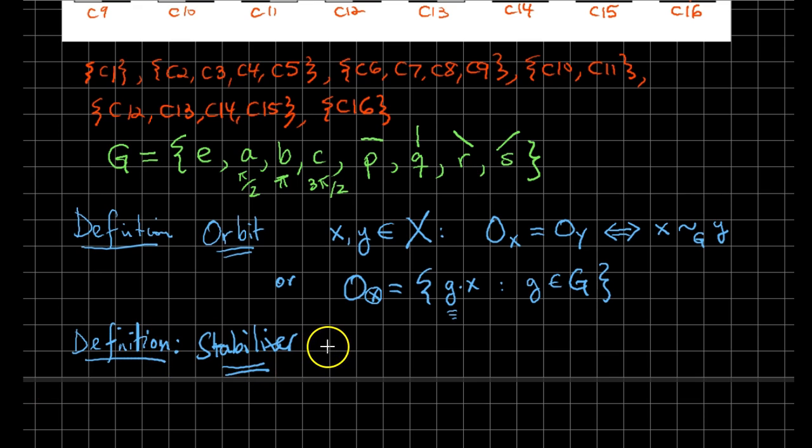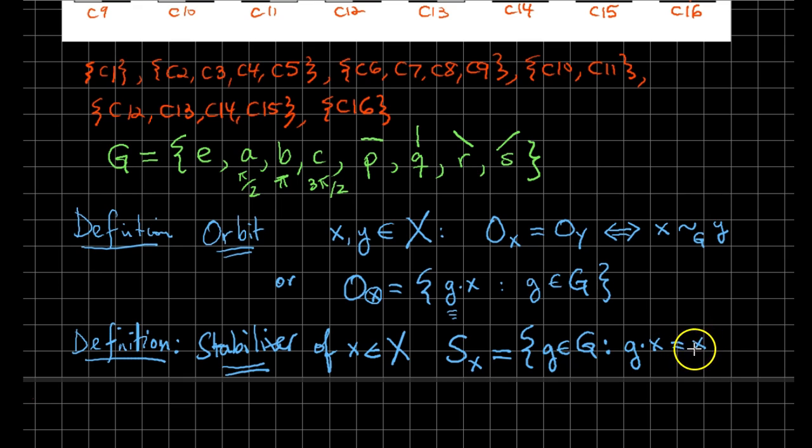We say that the stabilizer of X, or you can even write it as S sub X, contains the group elements that fix X, or in another way, S sub X is the set of group elements g in G such that when applied to a coloring, we get the same coloring. So what are those group elements? Those symmetries, when applied to a coloring, give you the same coloring.